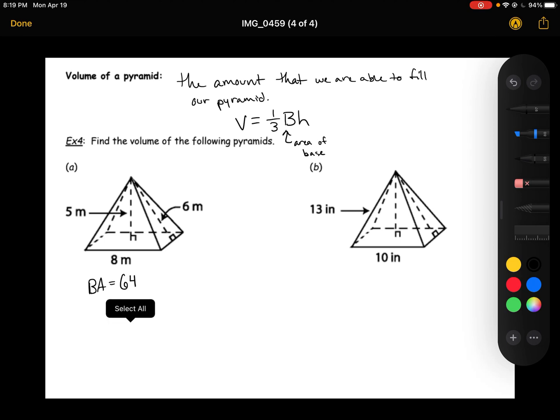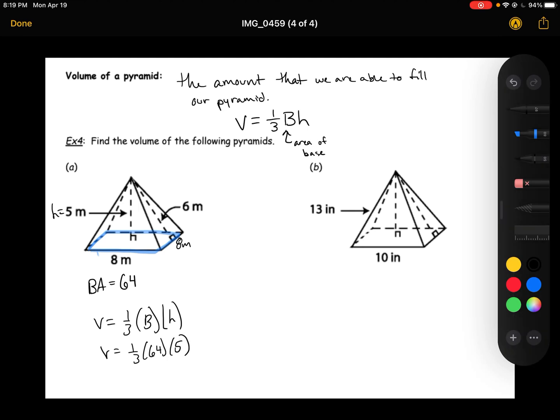So again, capital B means area of the base. So our base area in this case is 64. And to clarify how we got that, again, 8 times 8 for our square on the bottom here is going to get us 64. Next, we just plug it into our formula.